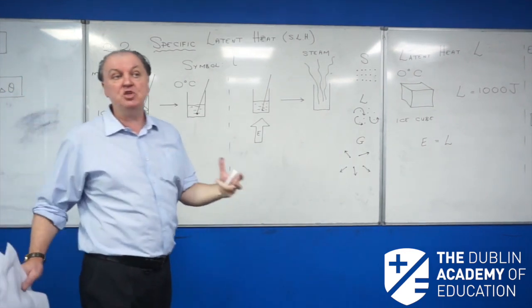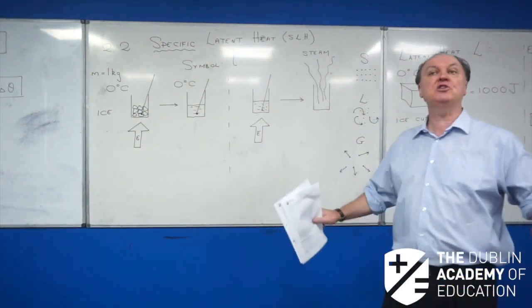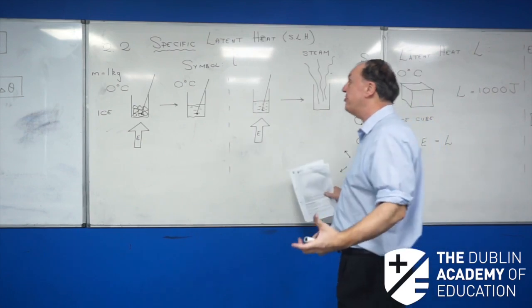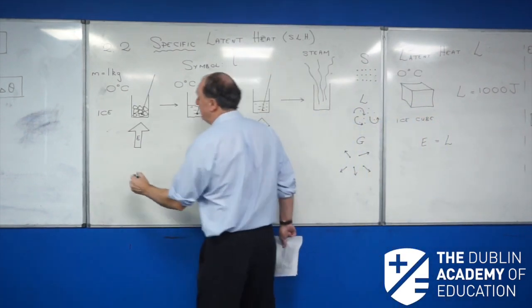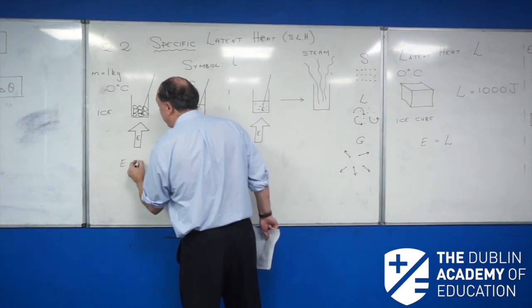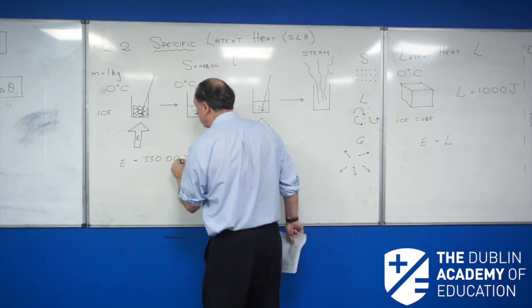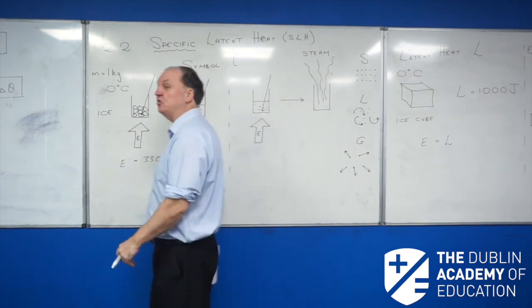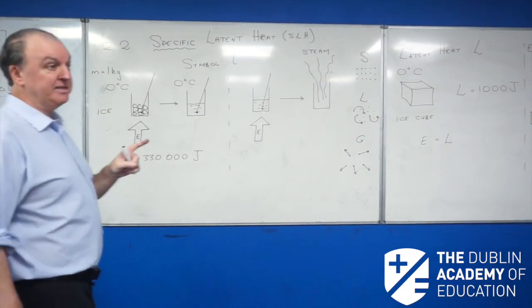Now, how much energy do I have to put into 1 kilogram of ice to turn it into 1 kilogram of water without changing its temperature? Well, the experiments have been done, and the value is 330,000 joules of heat energy required. Sometimes we write that down in scientific notation.